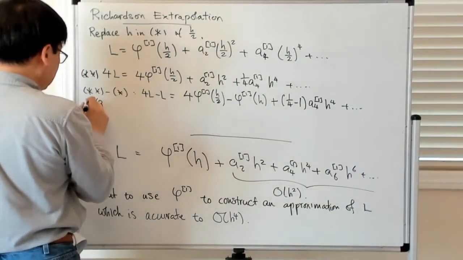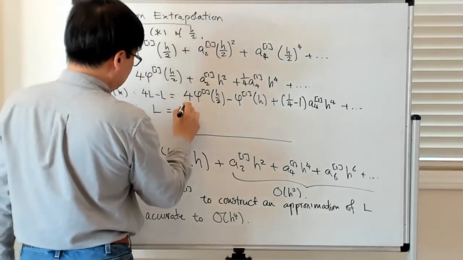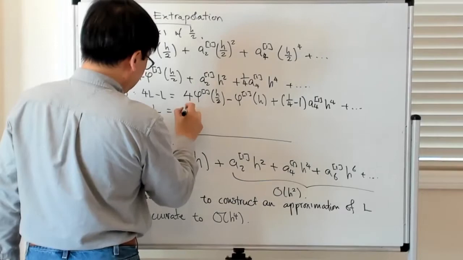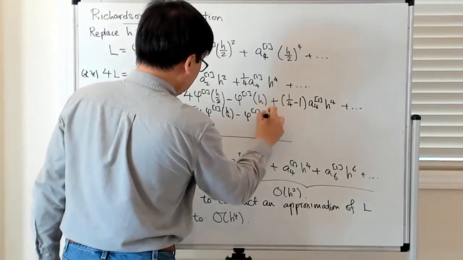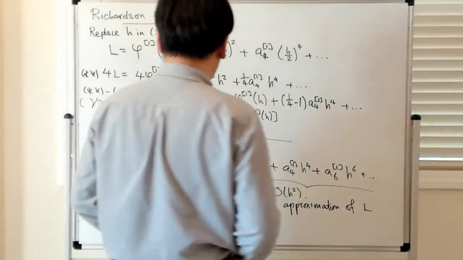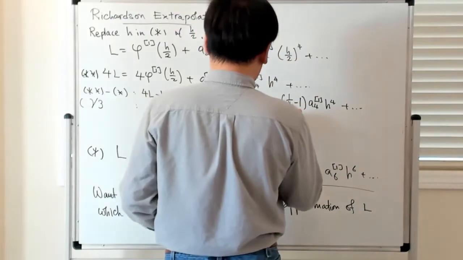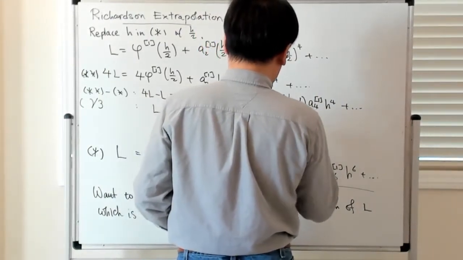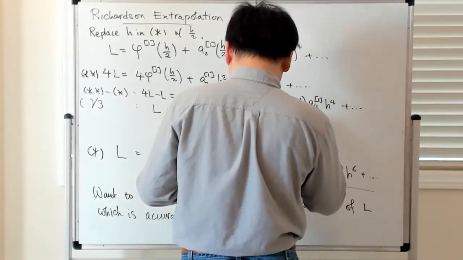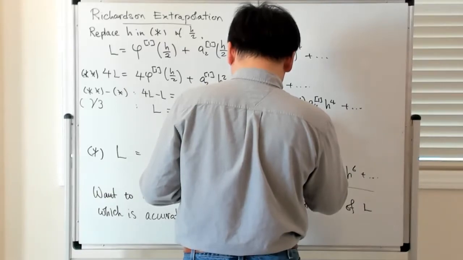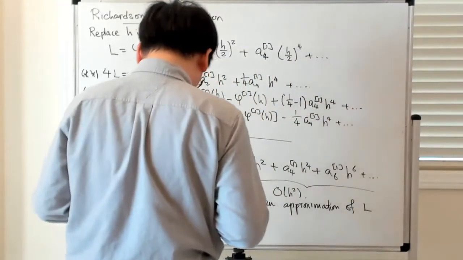So 4L minus L is 3L, so L is equal to 1/3 times 4 phi 1 of h over 2 minus phi 1 of h, minus, it's 1/4 if I'm not mistaken, times the h to the 4 term.